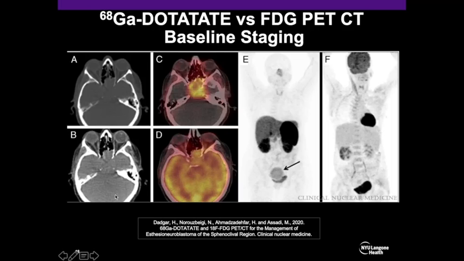However, look at the FDG PET. We see a mass, but we cannot really tell where it starts and where it ends, because it's completely blending in with the activity of the brain cortex. But both dotatate PET and the FDG PET are concordant to show no nodal disease and no metastatic disease.